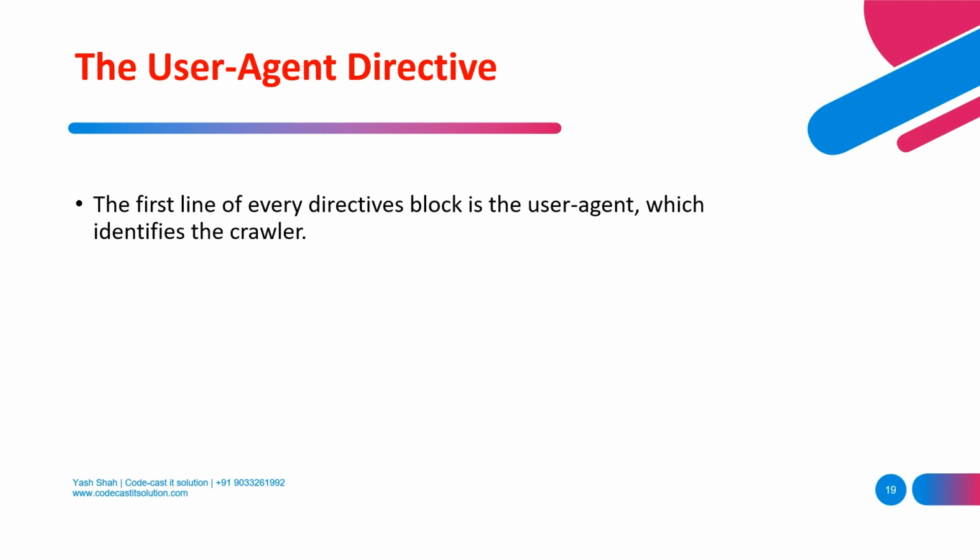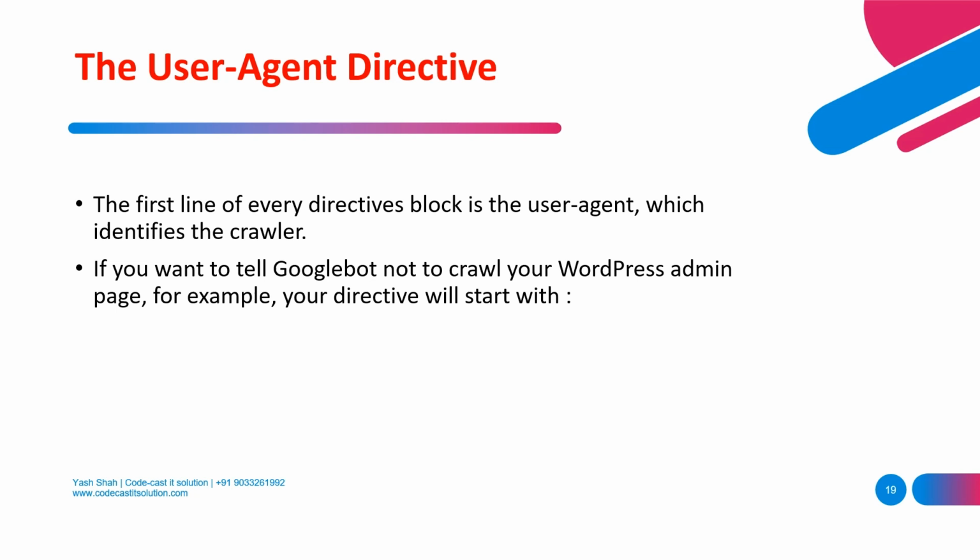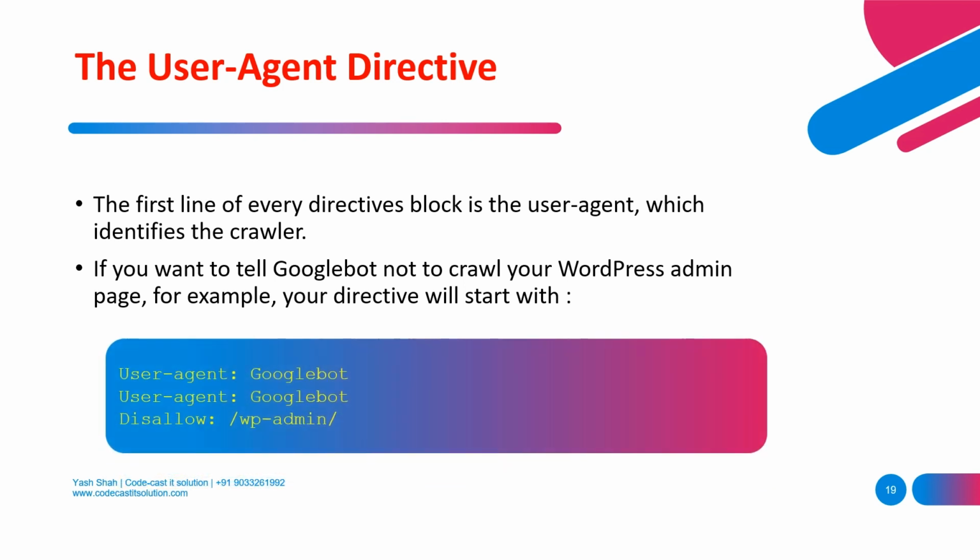The first line of every directives block is the user agent, which identifies the crawler. If you want to tell Googlebot not to crawl your WordPress admin page, for example, your directive will start with user-agent: Googlebot, disallow: /wp-admin.